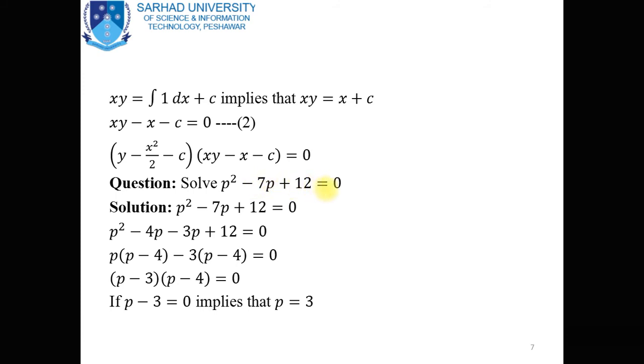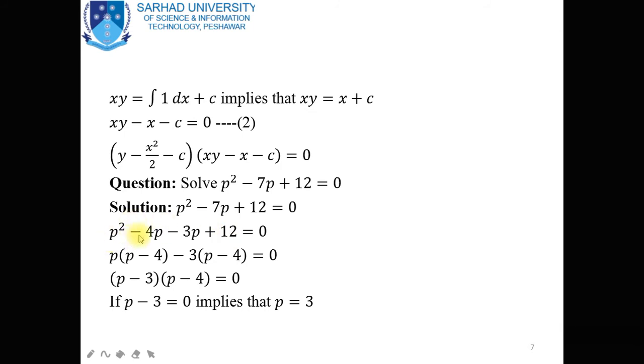This equation is easily solvable for p. So when the equation is solvable for p, we factorize the equation. By sum and product, we can write p² − 4p − 3p + 12 = 0.